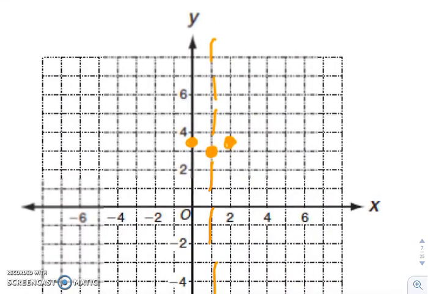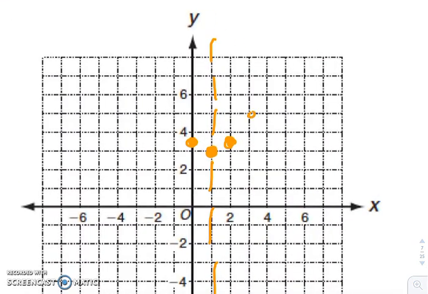So 3, 5. Again, if you have a point 2 spaces to the right, then you have a point 2 spaces to the left. It's just symmetrical. And then you can just draw your points in.